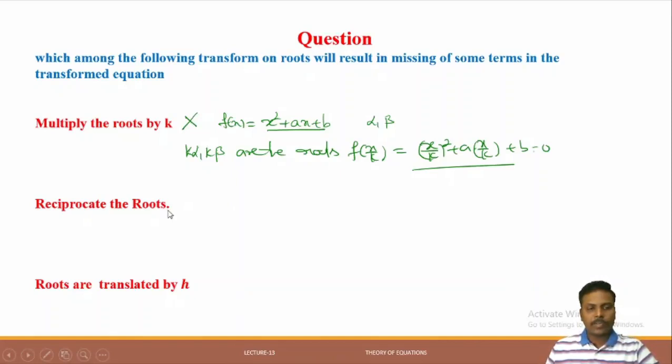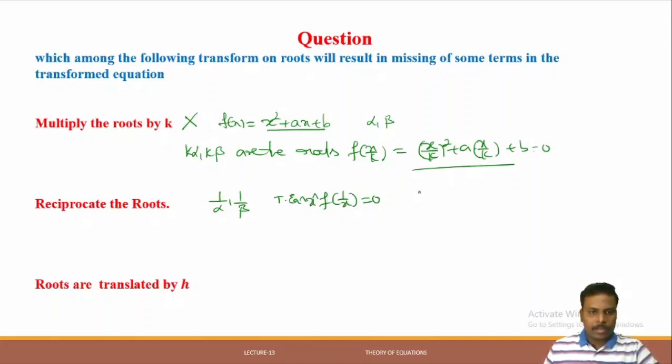Now let us reciprocate the roots. For the same equation, the roots are 1 by alpha, 1 by beta. Then in this case the transformed equation is f(1 by x) equal to 0, of course multiplied by x to the power n.